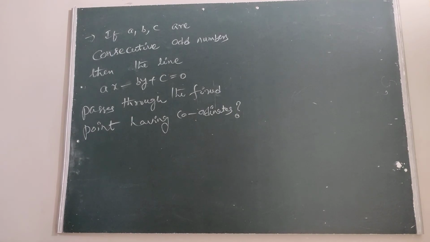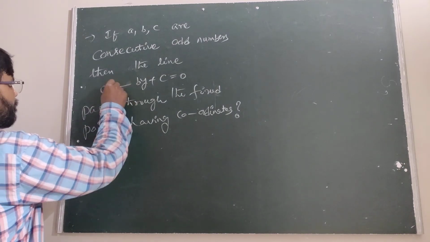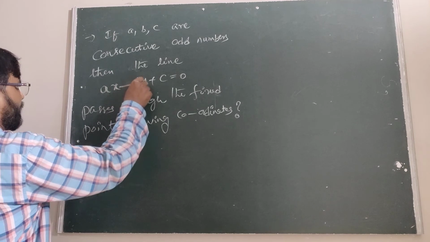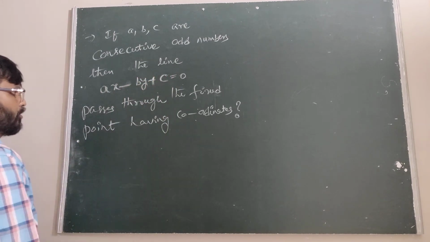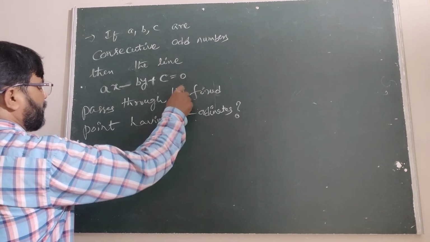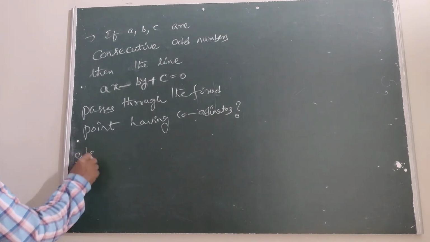Here a, b, c are consecutive odd numbers. Then the line ax minus by plus c equal to 0 passes through a fixed point having the coordinates. Its solution: a, b, c.